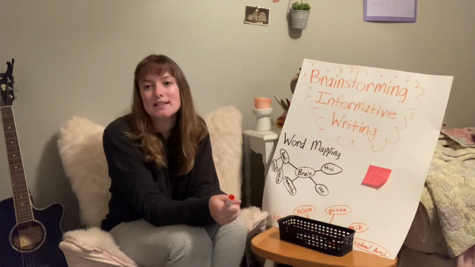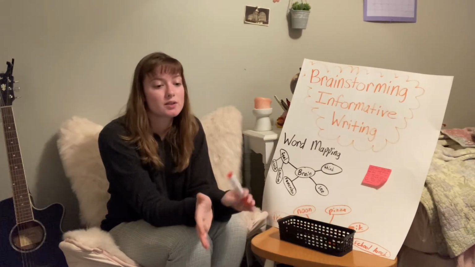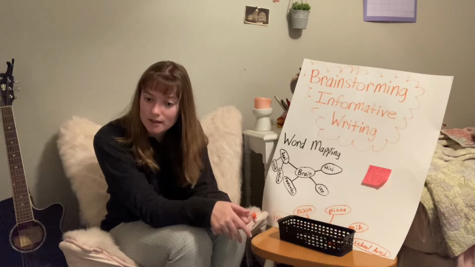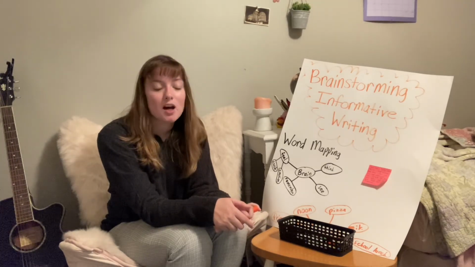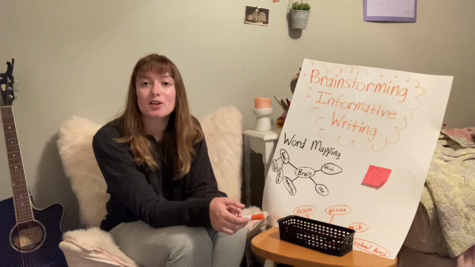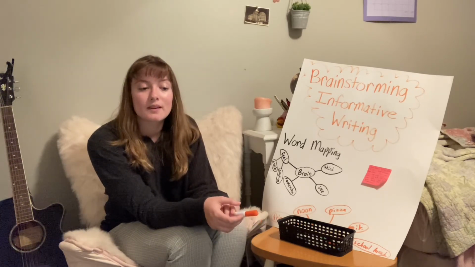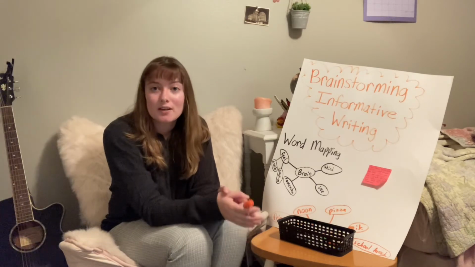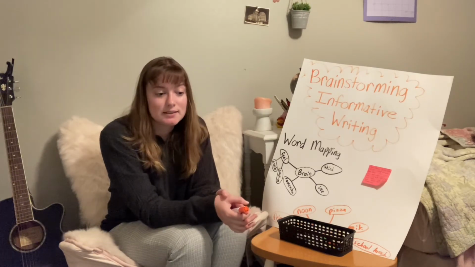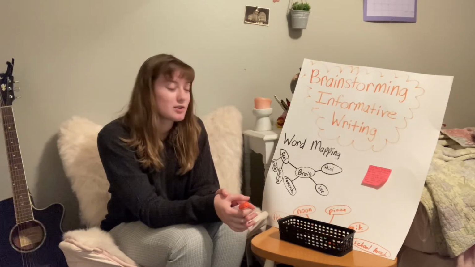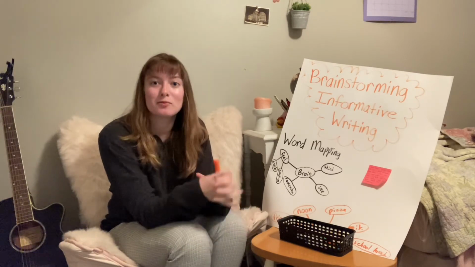I want you all to take out your writing notebooks. Look through it and select a topic from your writing that you want to start a new entry about. You will take this topic and inform your reader about it. So you're going to be telling them about it, something real, something true.